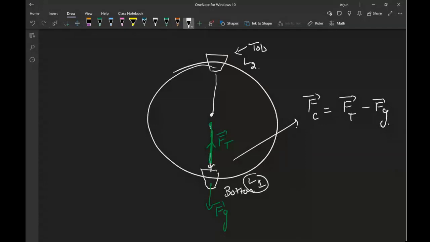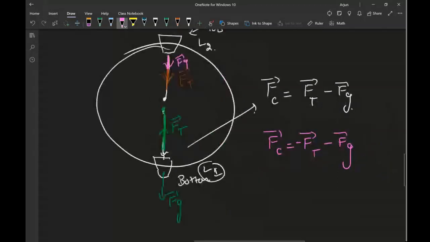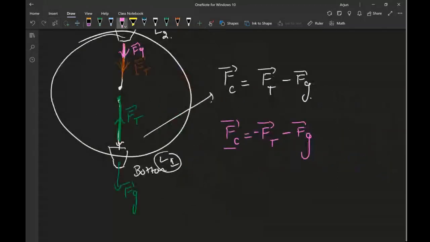And then at location 2, the forces which are acting: the tension force is still down, Ft is down, and Fg always acts in the downward direction. So the equation will be Fc equals Ft, which is down, negative, minus Fg. Now sometimes you can ask why I haven't shown this one as downwards.